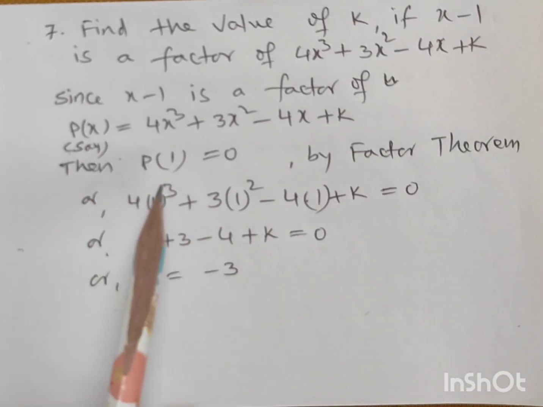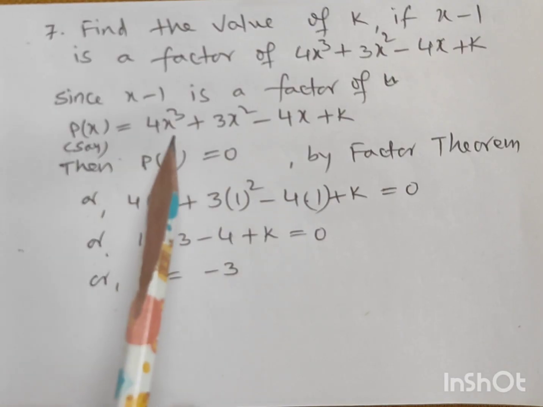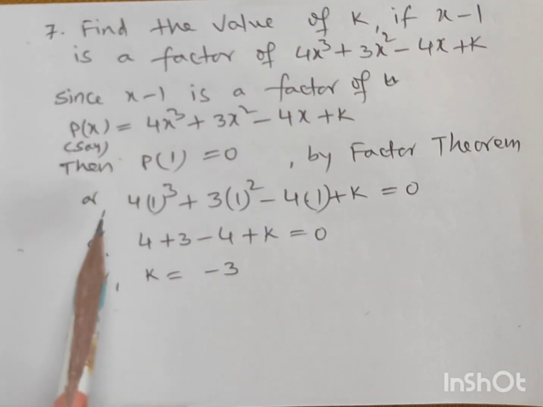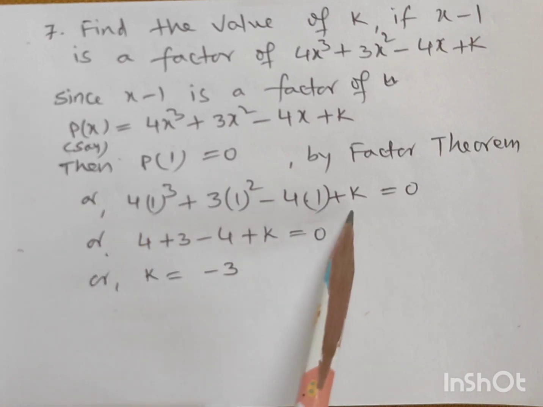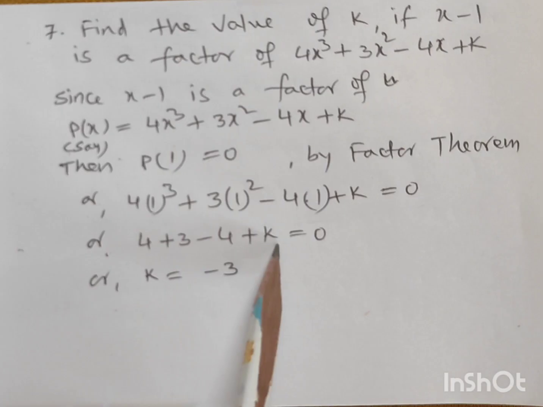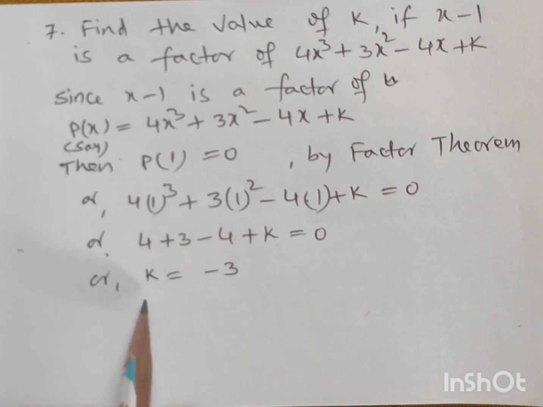We find the value of p(1) by putting x equal to 1 in this polynomial. We get this left hand side equal to 0. We simplify it and we get the value of k as minus 3. This is what we had to find.